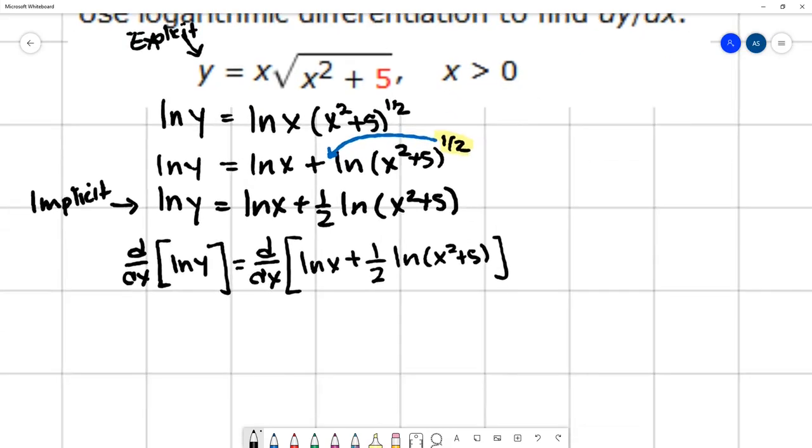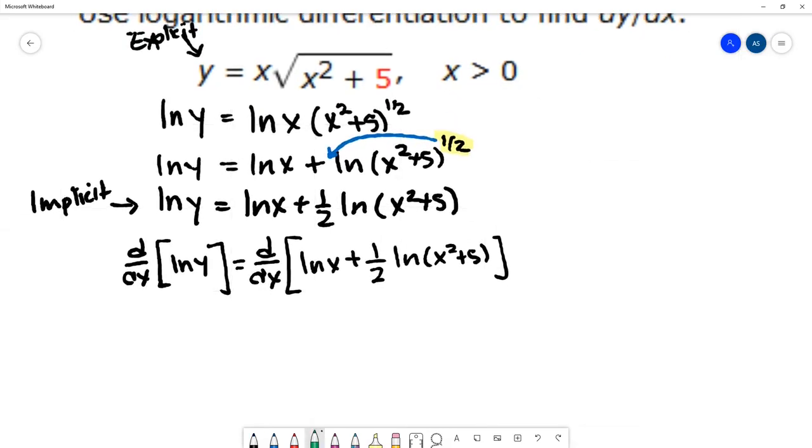On the left-hand side, I'm calculating the derivative with respect to x, and the variable is y. This is a mismatch of variables. So I don't know what y is, so I can't really specify what the derivative of y is, other than to write the symbol y prime.